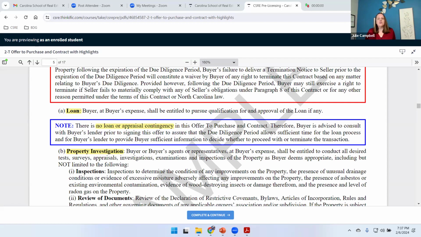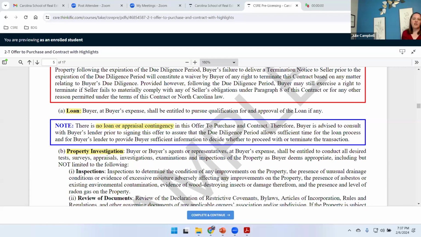However, in due diligence, we can get the appraisal ordered. We'll talk more about that. We can get the lender to send it through the first round of underwriting. Once it comes out of the first round of underwriting, we have a pretty good idea if we're going to get loan approval or not. No guarantee, but the lender should be able to let the buyer know, especially as we're getting closer to the end of the due diligence period.